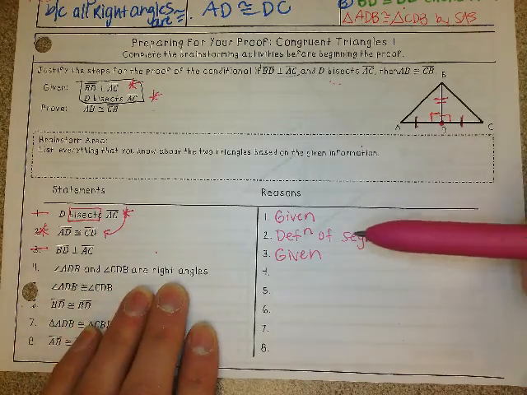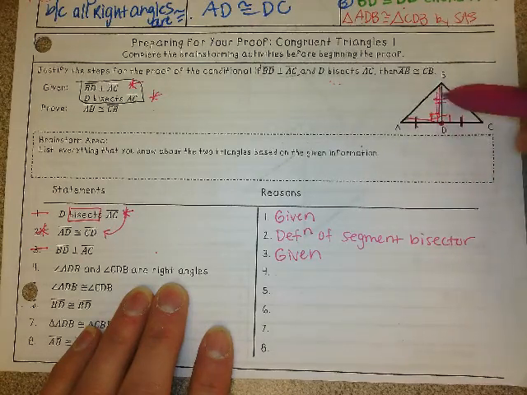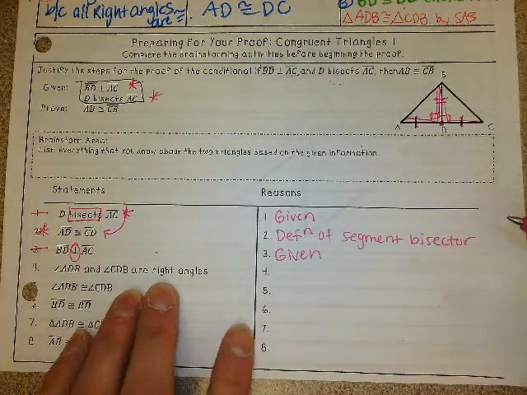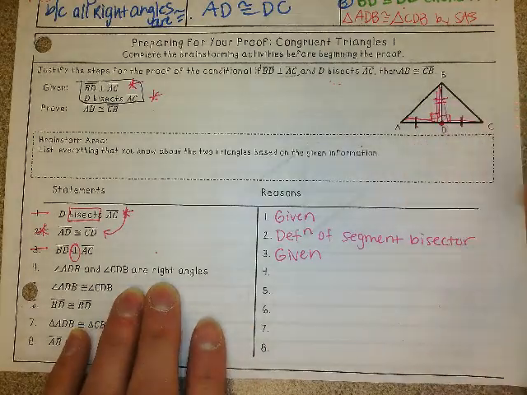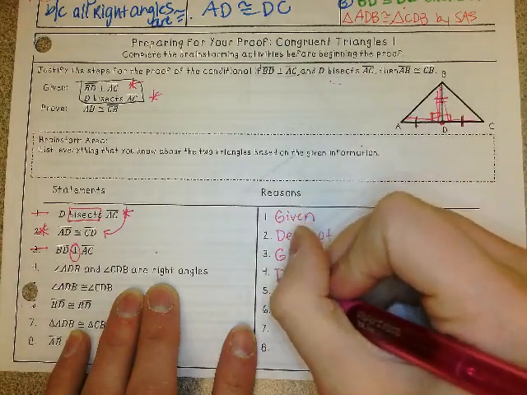Well, how do we know that? We know that because those two lines are perpendicular. So definition of perpendicular.